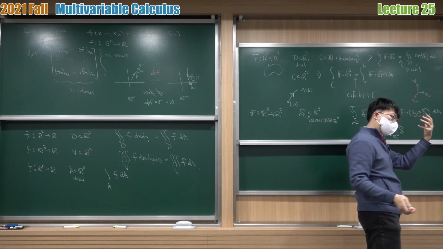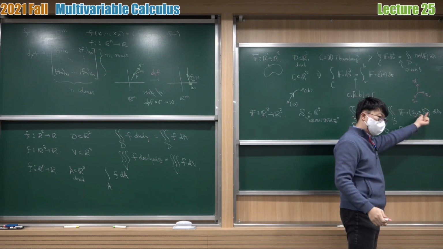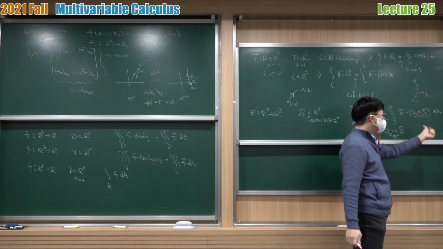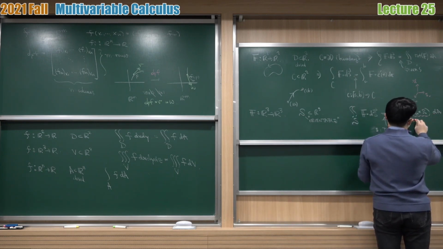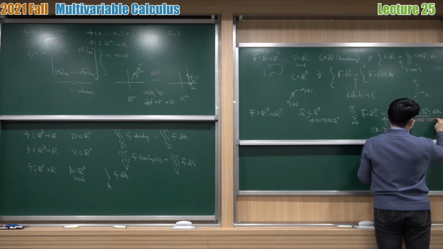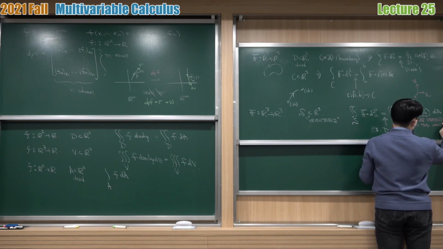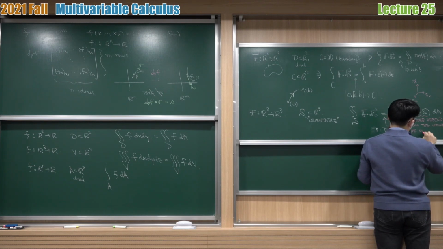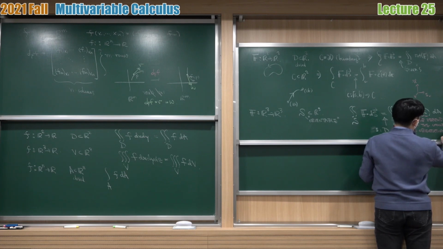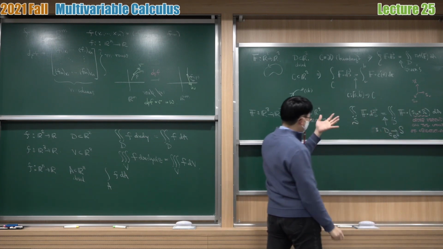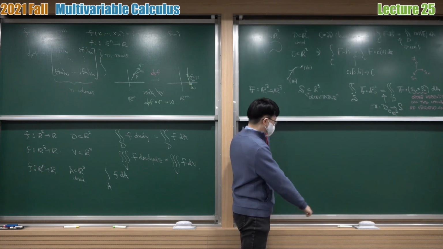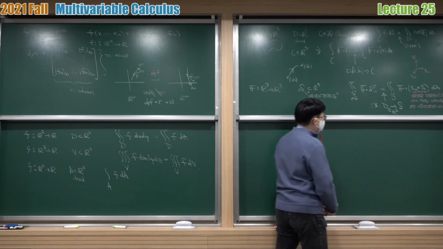So if you want the opposite orientation, you have to switch the order of the cross product. The order depends on the choice of orientation. Okay? But that's how you get the surface integral, which is called the flux.